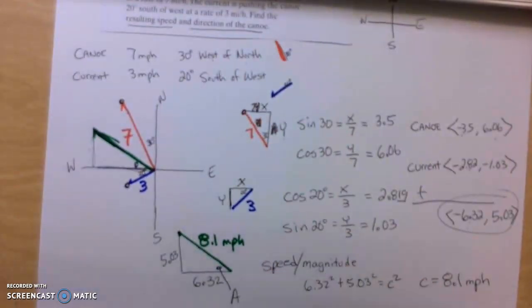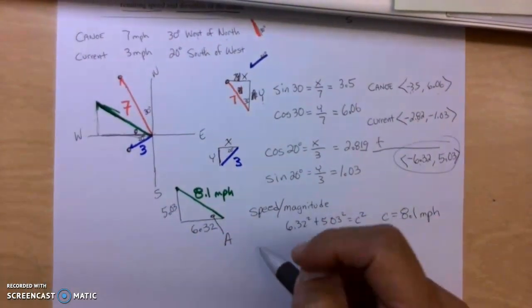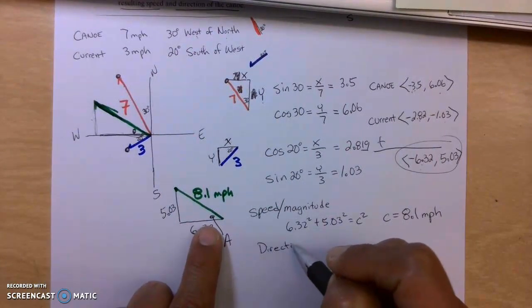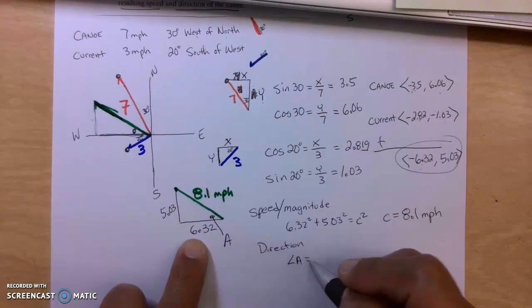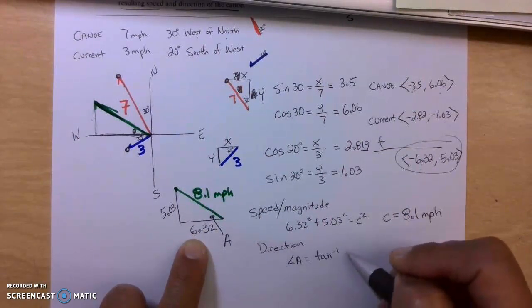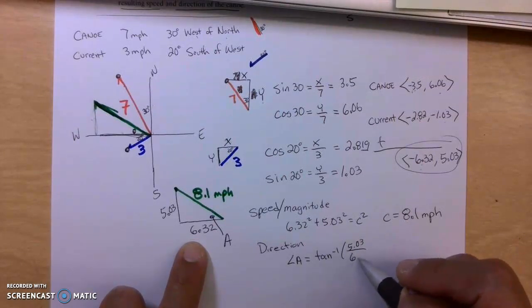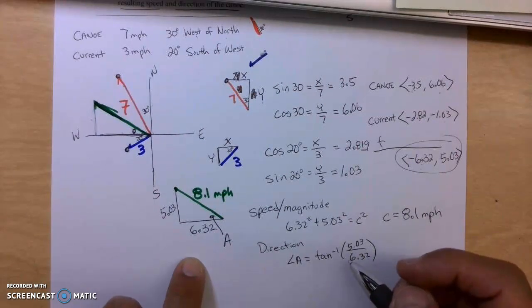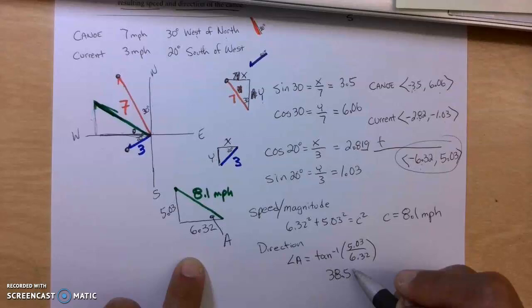And so we are going to figure out this angle here, which we will call angle A. Let me scroll up a little bit. And so to figure out the direction, we need angle A here. So we would say, I got opposite, I got adjacent. Angle A is tangent inverse, opposite over adjacent. Do the inverse tangent there, and you will get 38.5 degrees.